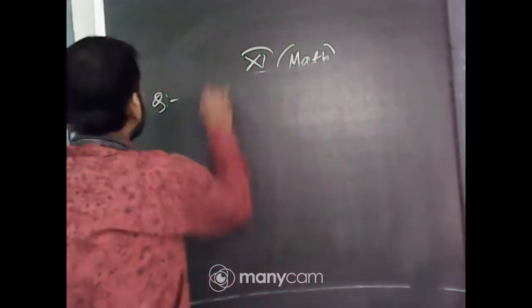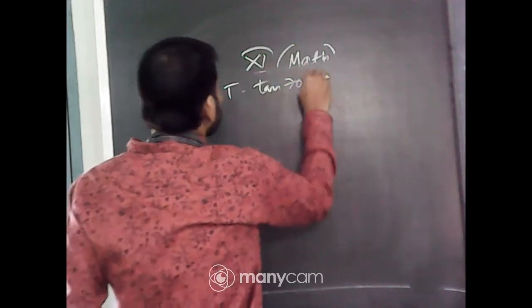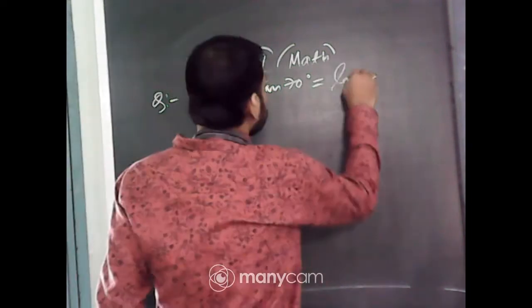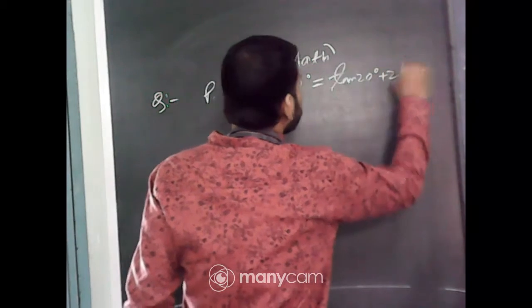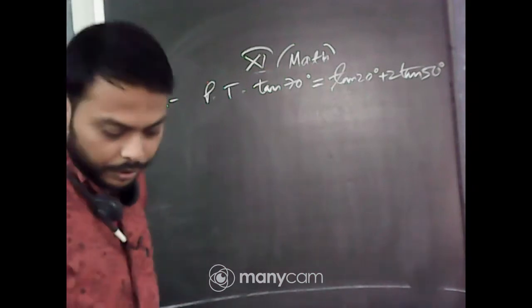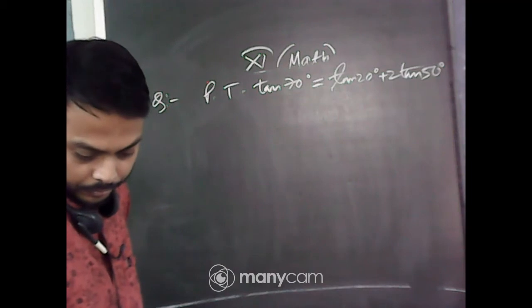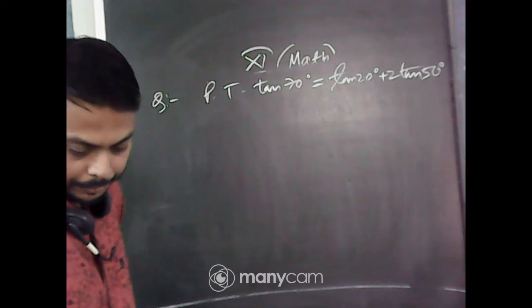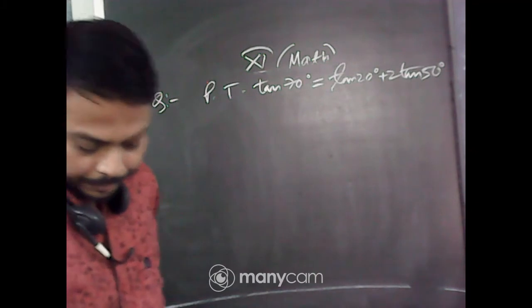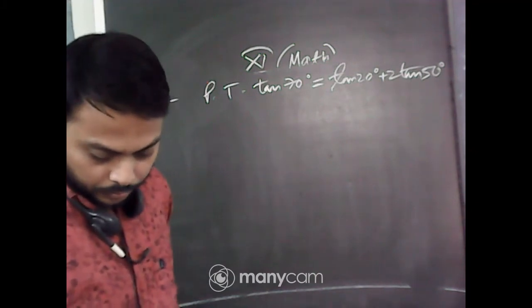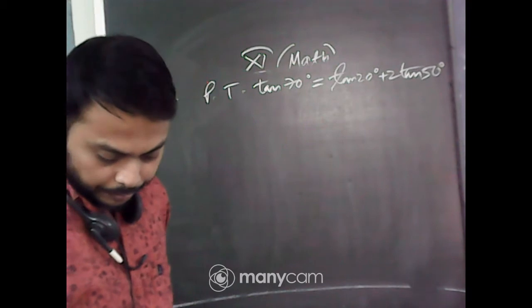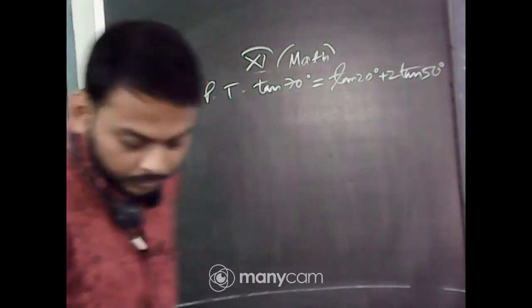Prove that tan 70 degree equals tan 20 plus 2 tan 50 degree. Try to do it, very easy one.